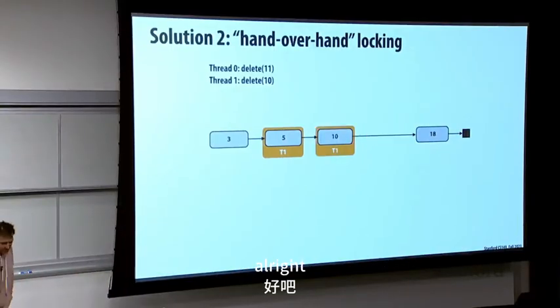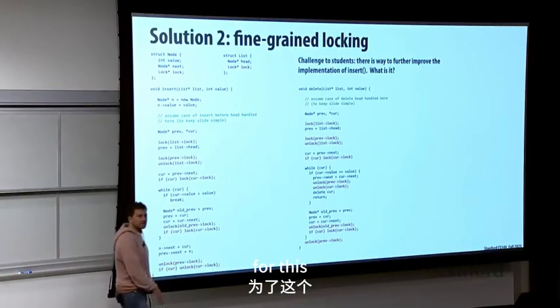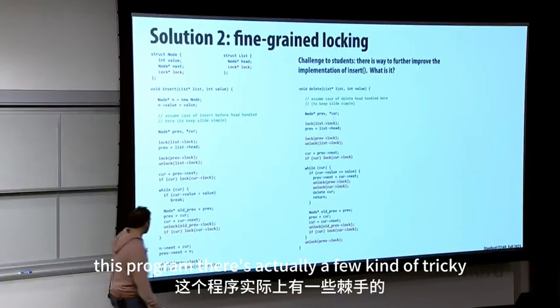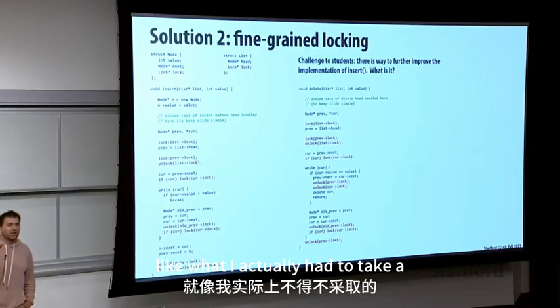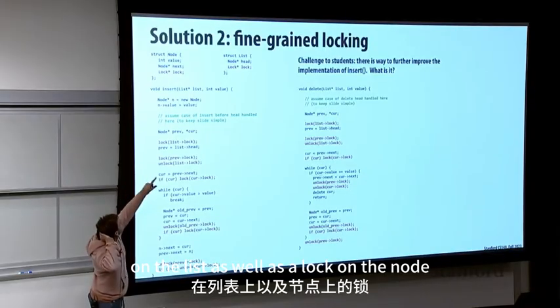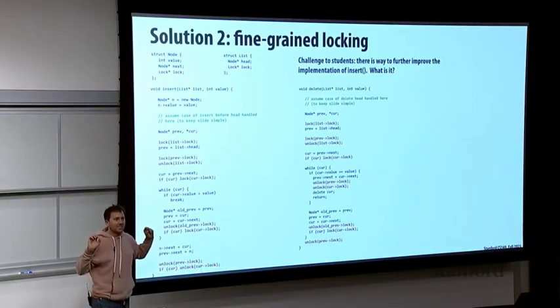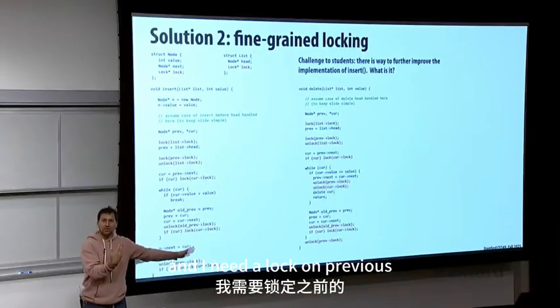Okay. All right. So here's the hand-over-hand locking solution for this program. There's actually a few kind of tricky invariants in that. There's a lock on the list as well as a lock on the node. Remember our invariant is I need the lock on current and I need the lock on previous.